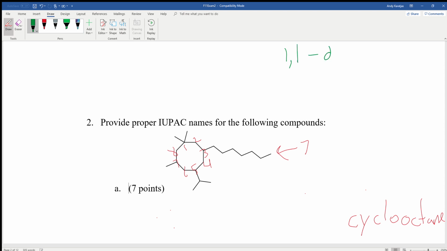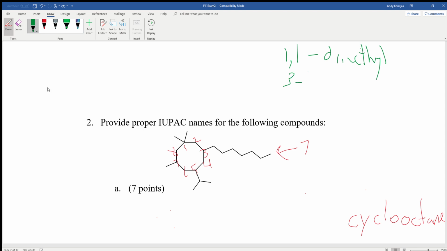But we do have a 1,1 dimethyl. If we go clockwise, then at carbon 3 we have a 7 carbon chain, which is heptyl. If we go counterclockwise, carbon 3 is a methyl. Now, since heptyl comes alphabetically before methyl, the red numbers that we have drawn in get priority, and that's the correct way to number it.